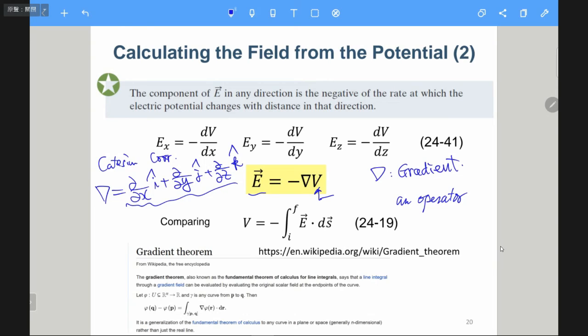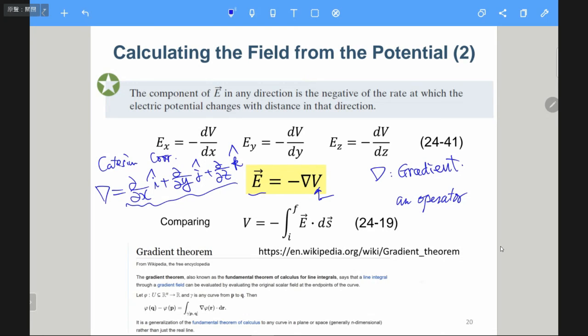So now we try to find the scalar field, which will be much easier to find because we don't need to consider the direction, we don't need to decompose the vector into different axes, and then sum in different directions, and then combine them back again. Here, we find the potential in the whole space, and then we take the derivative in different directions. Taking a derivative will be much easier than taking an integration in different directions. So in this case, we try to find the electric potential first, and then take the gradient. Then we can find the E field in the whole space.